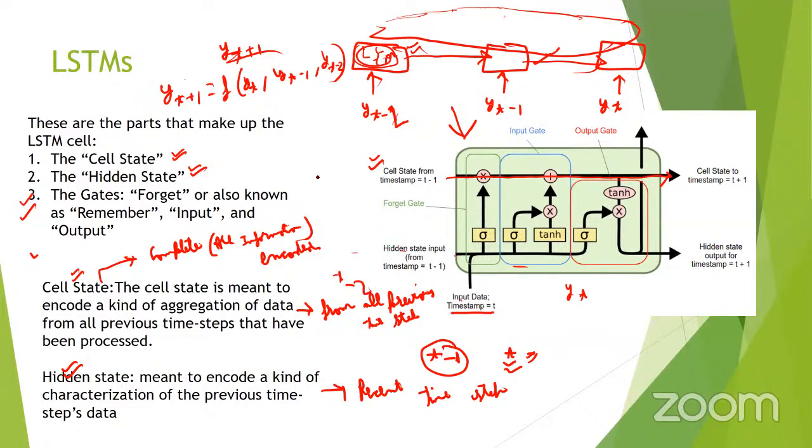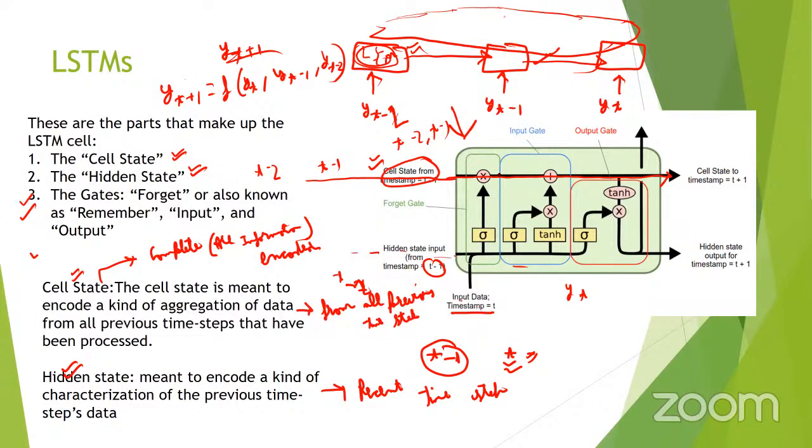So this cell state, or conveyor belt, coming in will have information from both data points, T minus 2 and T minus 1. And the hidden state coming from below will have your data from T minus 1 itself.